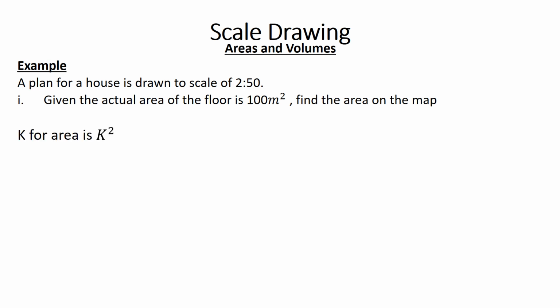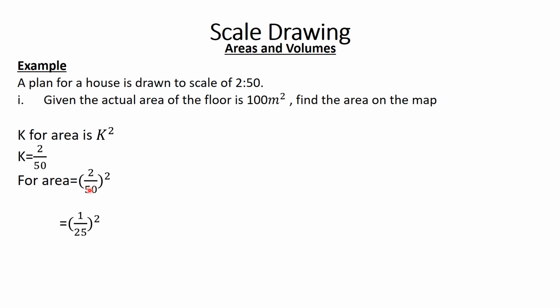What do we do? The first thing is to remember that for areas we use k squared, so you have to square the given k. The 2 over 50 is our k here. Before squaring it, you can reduce to lowest terms so that it becomes 1 over 25, so that it is easy for you to do numbers.